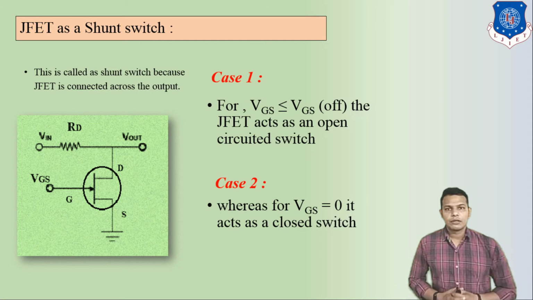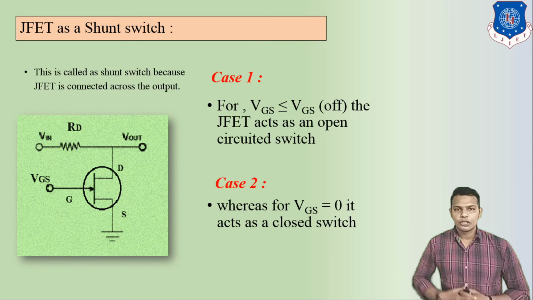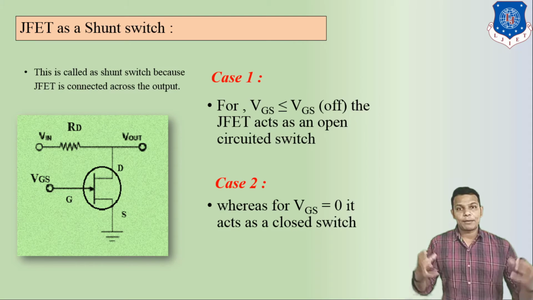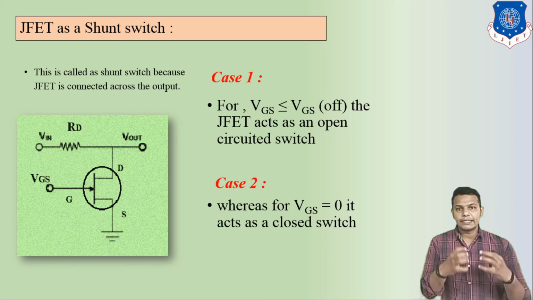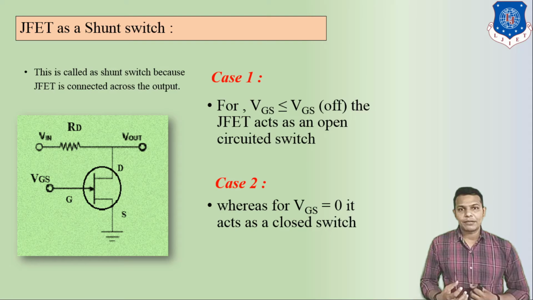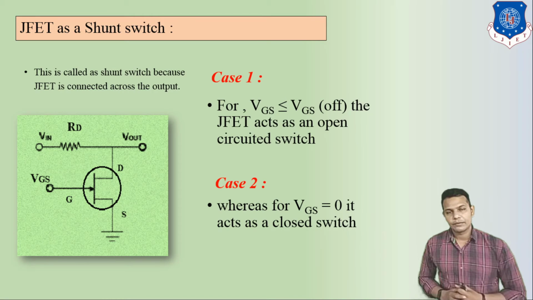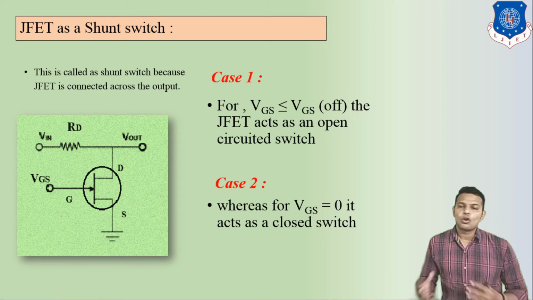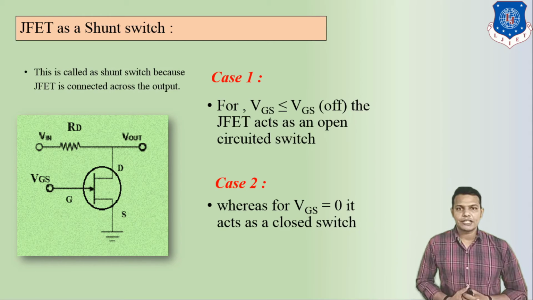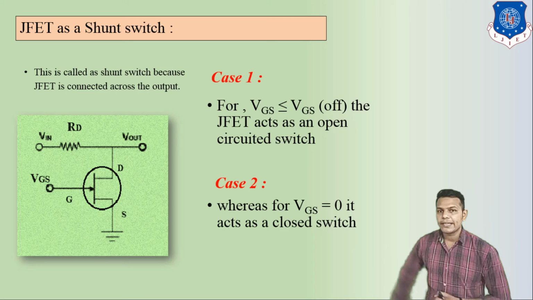That means if your input is minus 4, minus 5, minus 6, remember that the more negative it gets, the depletion region in the channel increases, and due to this depletion region the current flow, or precisely the drain current, stops at the end. That means basically it is open circuited. So in case number 1, if VGS is less than or equal to VGS off, then it is an open switch.